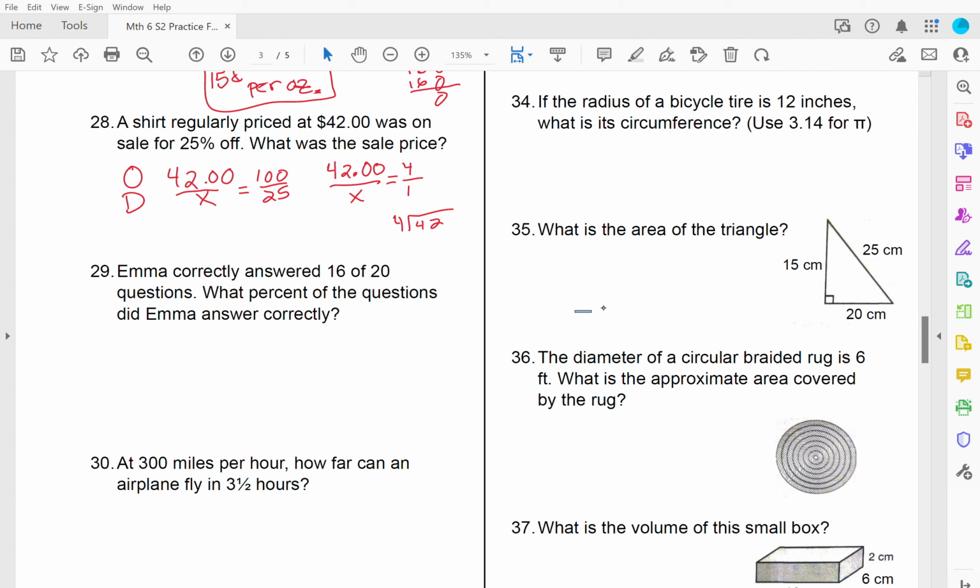Alright, so 4 goes into 4 once. Bring down a 2, that doesn't go into the 2. I'm sorry, that's not a 0. I apologize.